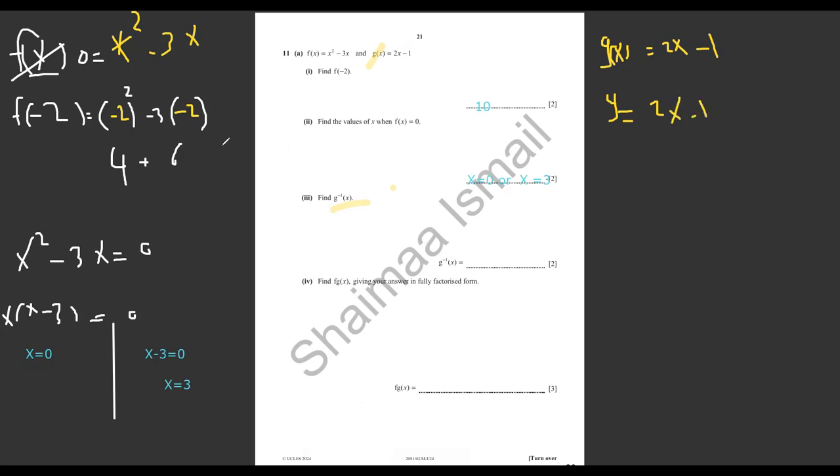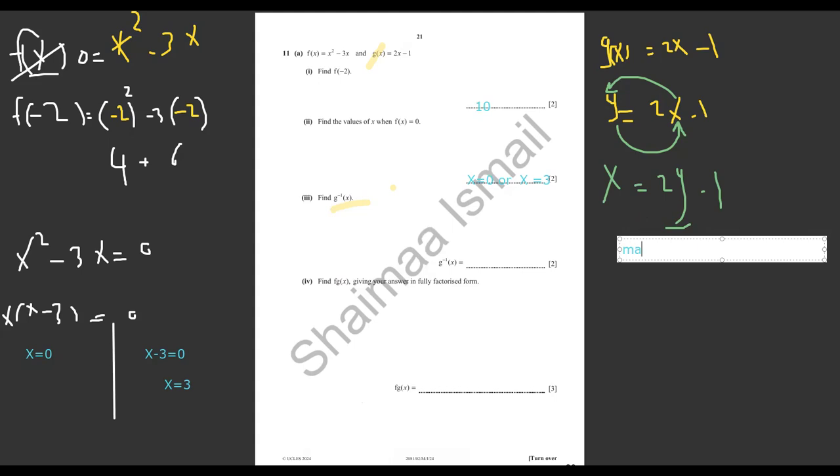Now we're going to flip the places: bring this y here and put this x here. So x equals 2y minus 1, and we solve this equation to make y the subject.